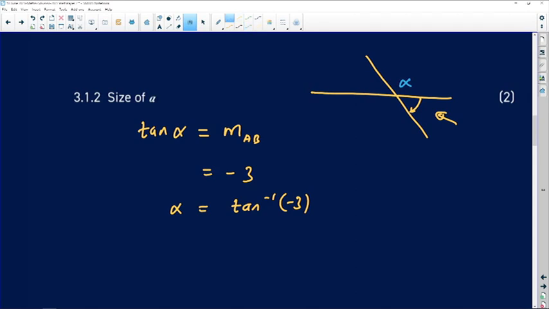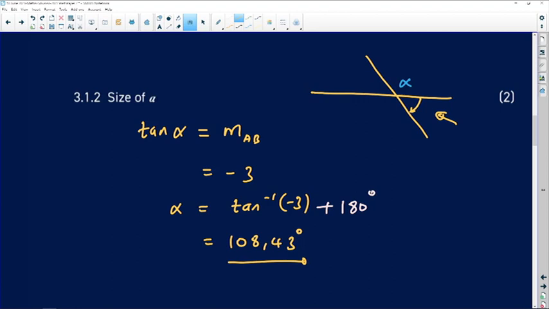That's why it's important to always add 180 degrees here. It's not going to be an acute angle, it's going to be an obtuse angle. Very important for you to figure that out. Then if you just press this in your calculator, you're going to get 108.43 degrees to 2 decimal places.